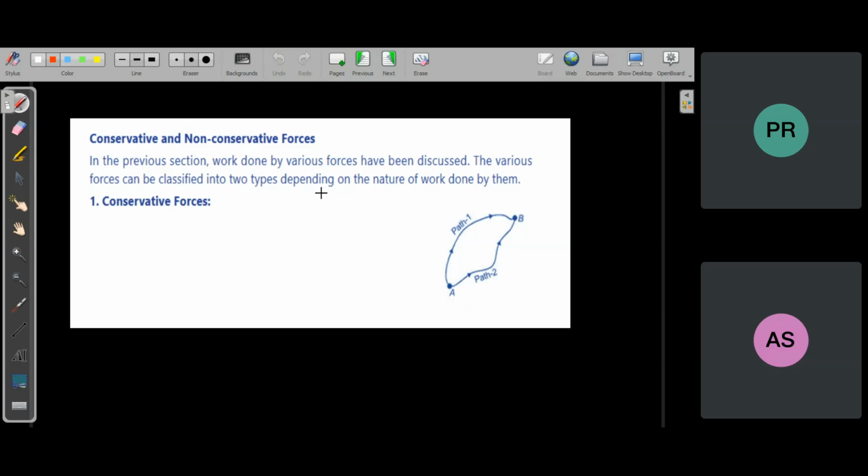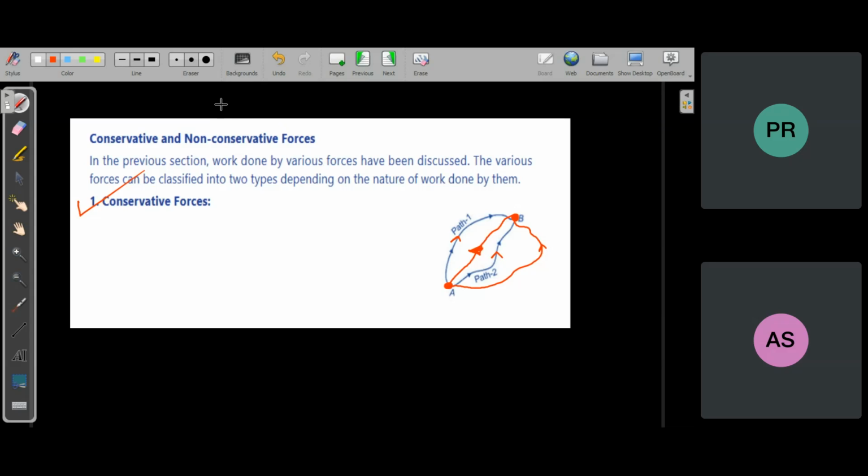Listen very carefully. If the work done by a force does not depend on the path, for example, if a particle goes from here to here while a force is acting, first time through path 1 and second time through path 2, and in both cases the work done comes out the same, and it's not only about two paths, it's about any path from point 1 to 2, with the initial and final points fixed but the path changing, if the work done by the force is the same in all cases, then it clearly means the work done is independent of the path.